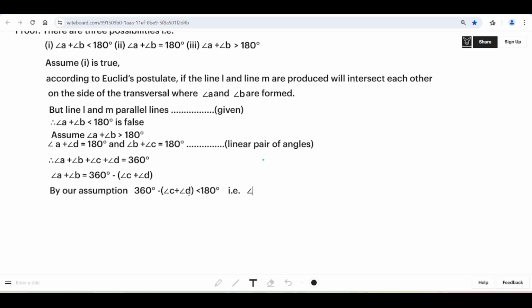That is, angle A plus angle B will also be smaller than 180 degrees.